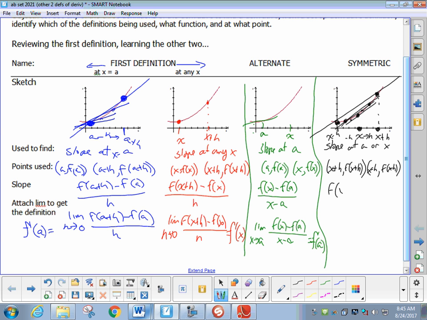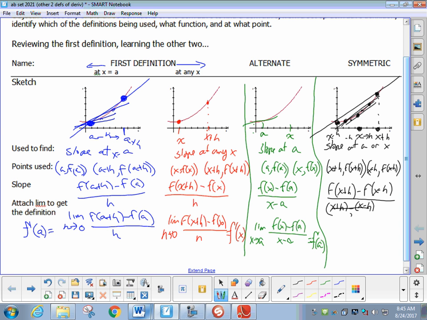So I'm going to go F of X plus H minus F of X minus H over change in X. What's X plus H minus X minus H in parentheses? It's 2H. Now that makes sense that the change in X is 2H because it's H above and H below. So the gap being 2H is logical.